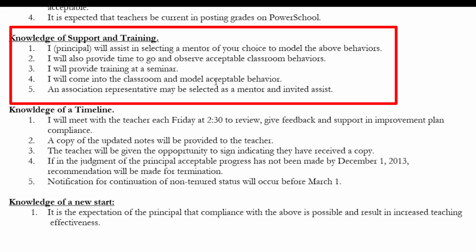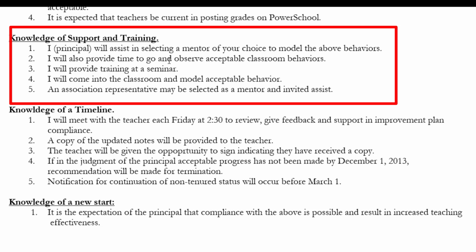And one thing that I found was a very good thing to do, whether it's an improvement plan or probation, I found it helpful to get the association involved with a teacher of the teacher in question's choice. In other words, is there some teacher in the district that you would like to have as a mentor to help you through this and to model what needs to be done, and then let them choose whether they do or do not want somebody like that.